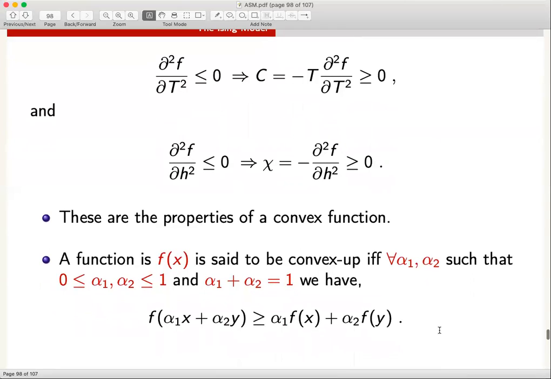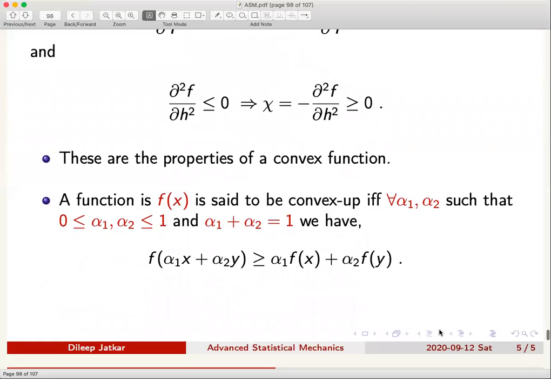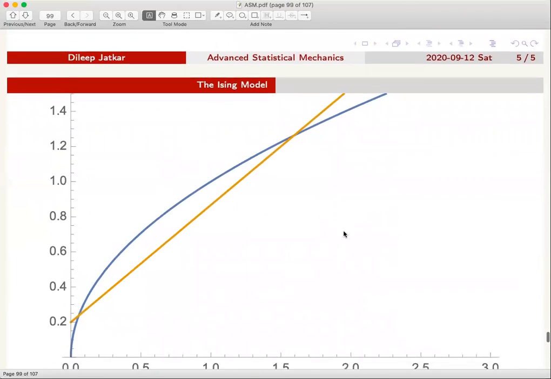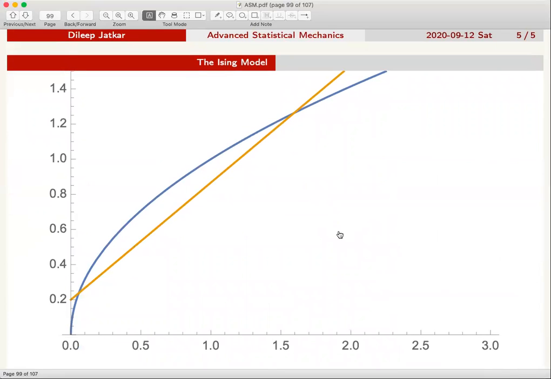This is the definition of a convex function. Let me just try to plot a convex function to give you an idea. So this blue line is a function which would qualify as a convex function.